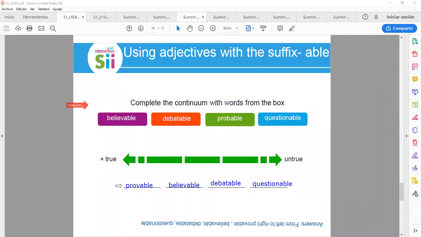Okay, here. Believable, something that you can believe. Debatable, something that we can debate on. And questionable, something that we can put under doubt.